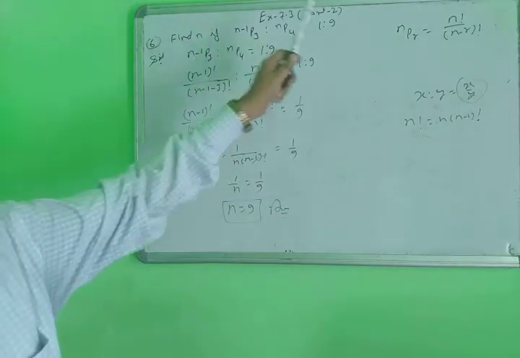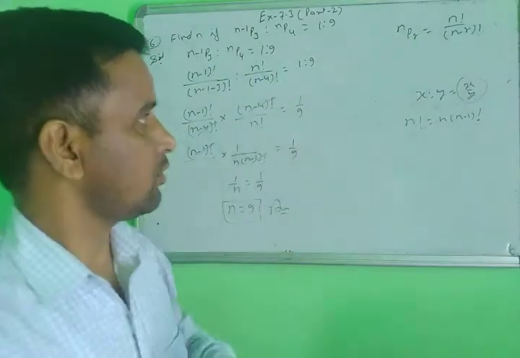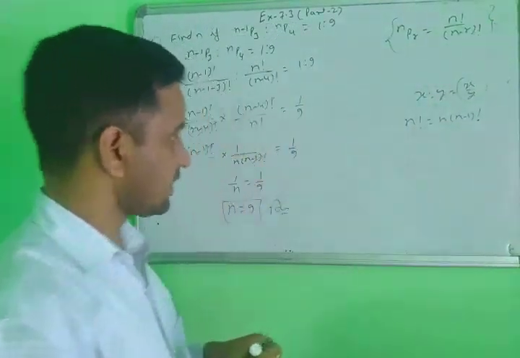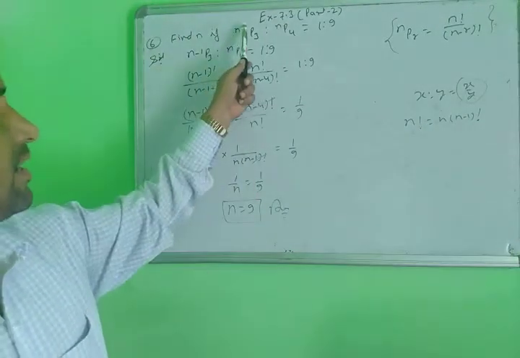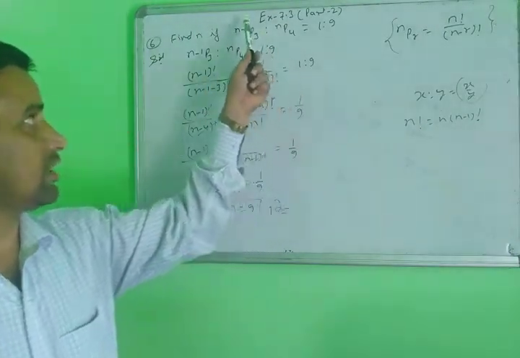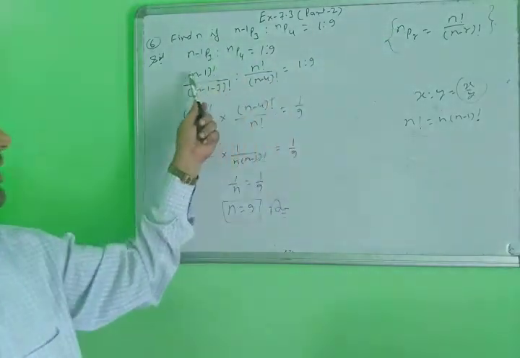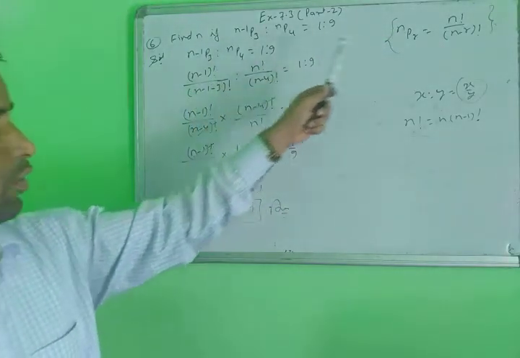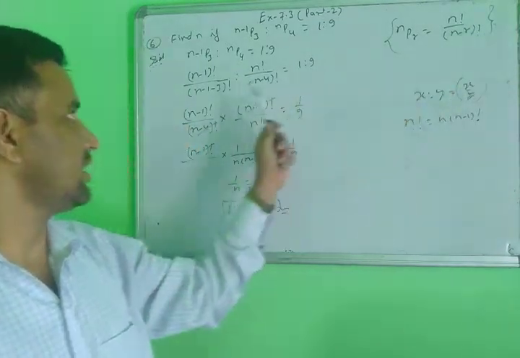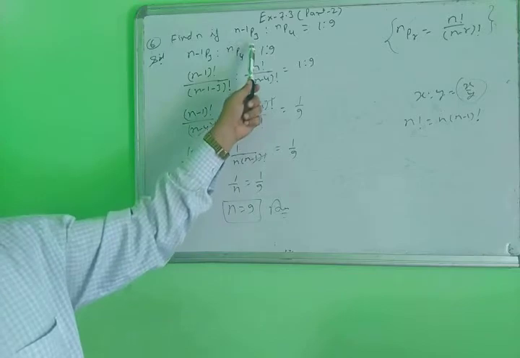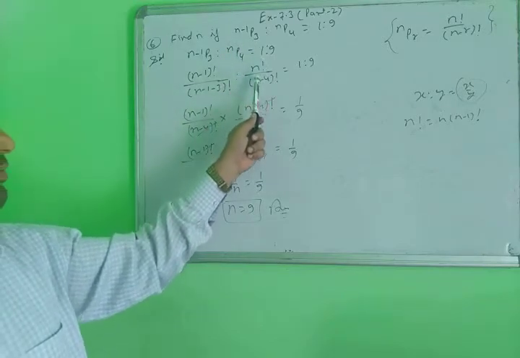First of all, you write the permutation identity, then you note it down. After that, for (n minus 1)P3, what is the identity? In place of n you write factorial (n minus 1) upon factorial (n minus r), then n minus 1 minus 3, which is factorial (n minus 4).